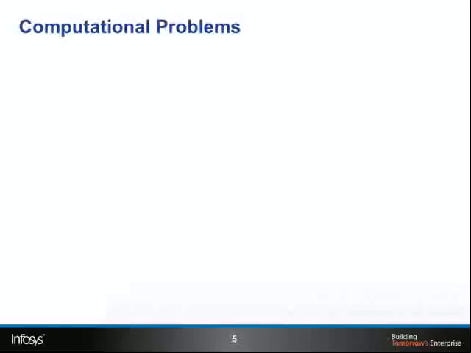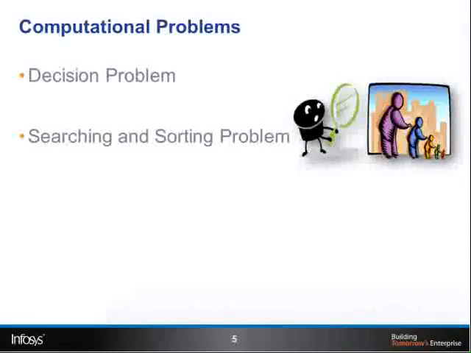Computation involves a series of states. Transition from one state to another results in solving the problem. The different types of computational problems are decision problems, where the answer for every instance is either yes or no. Searching and sorting problems, which involves searching an element from a given set of elements or arranging them in an order.